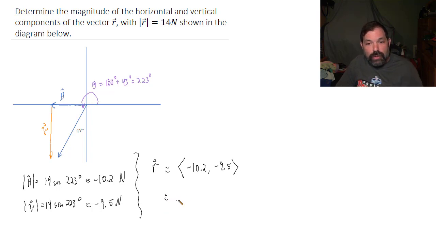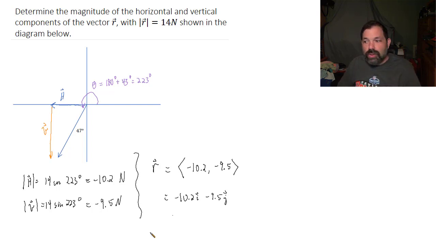R is equal to negative 10.2 i vector minus 9.5 j vector. Just depending on which system we like to use. Again, it depends on the textbook you use. Some textbooks like the standard vector with the angled brackets. Some textbooks like the i's and j's. It means the same thing. It's just a different way to think about it.